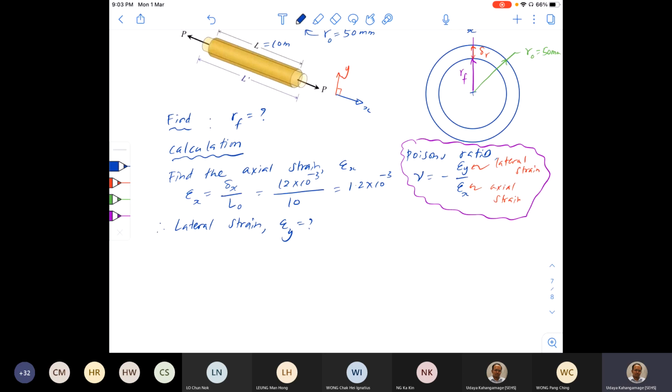Nu is equal to negative epsilon y over epsilon x. That means epsilon y is equal to negative nu times epsilon x.